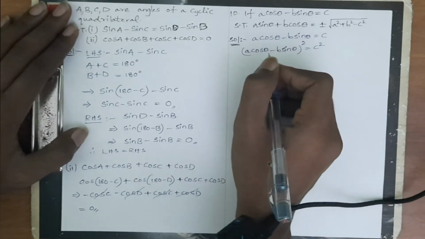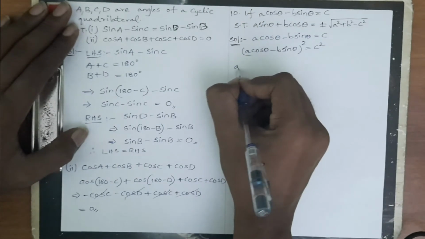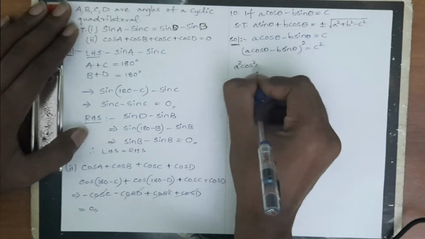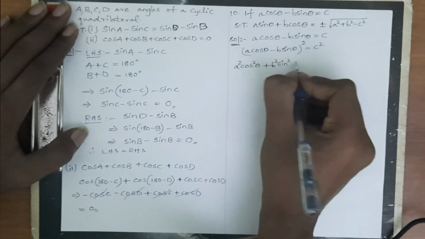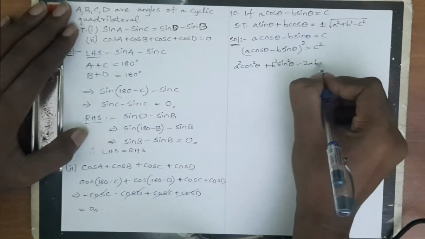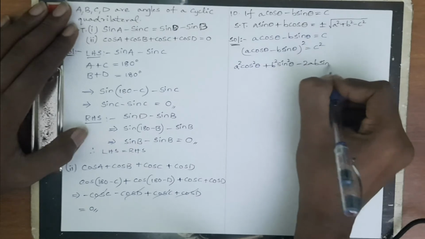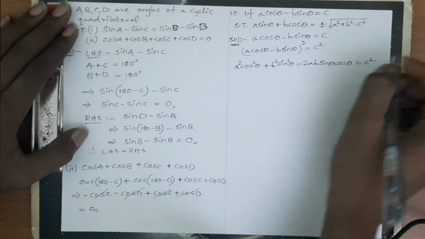So we can write it as A square cos square theta plus B square sin square theta minus 2AB sin theta cos theta equals C square.